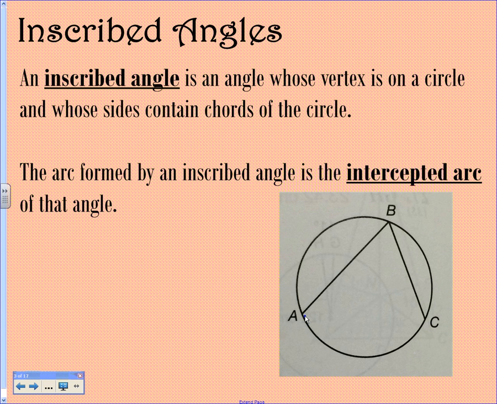It's AC down here. It is intercepted by that angle. Does that make sense?